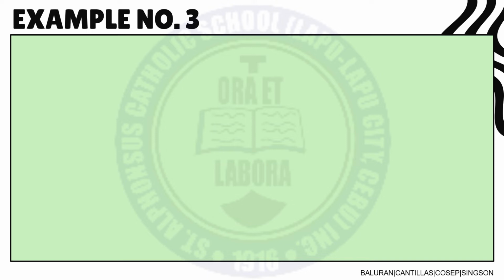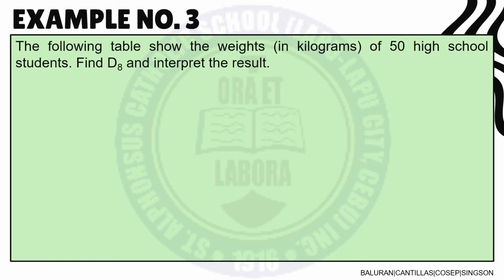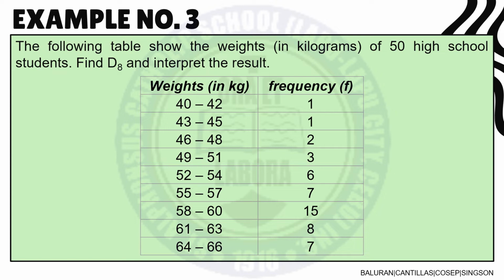Let us consider this example. The following table shows the weights in kilograms of 50 high school students. Find d sub 8 and interpret the result. So we have here the weights in kilograms on the first column and given this frequency.